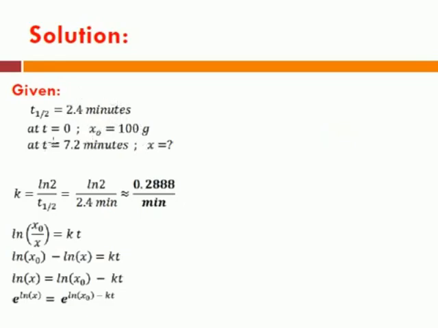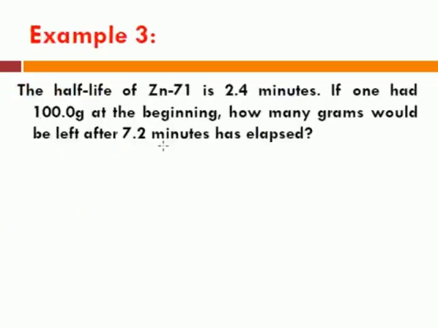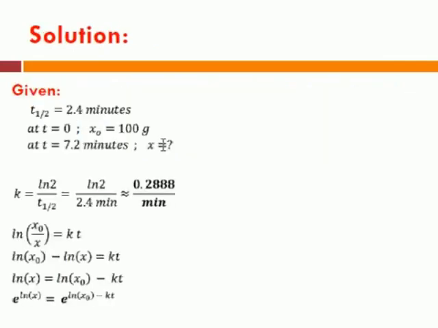Initially, at time equal to 0, the original amount is 100 grams. After 7.2 minutes, we're asked how much of the original is left, or how many grams is left after 7.2 minutes.